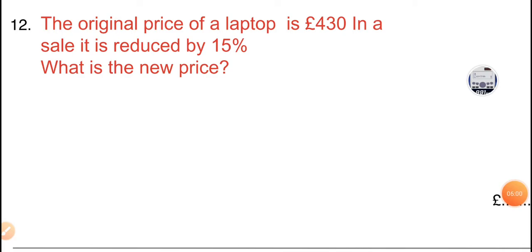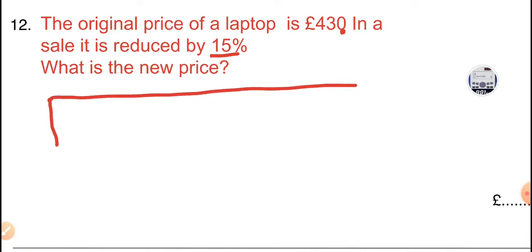Question 12. The original price of a laptop is £430. In a sale, it is reduced by 15%. What is the new price? So remember, the original price represents 100%. So that's the £430.